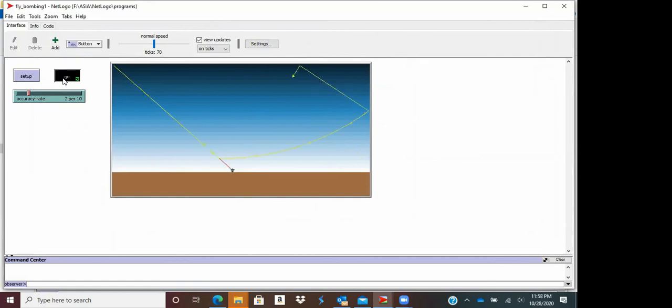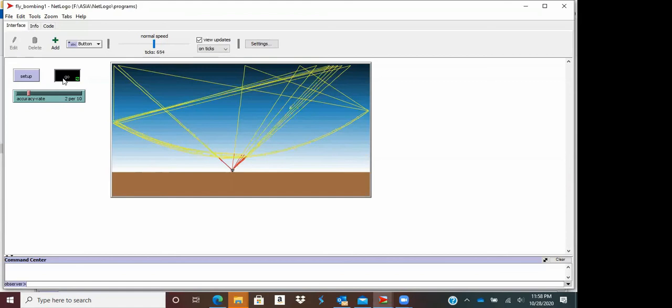Boom, missed, come back again. With a low accuracy rate, it keeps coming back. It's 2 out of 10. Therefore, it repeatedly comes back to hit it. And okay, finally got it.